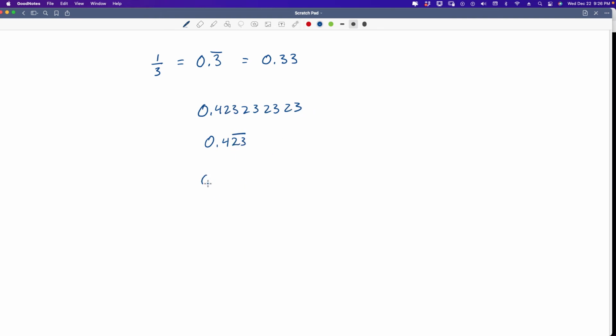If you were to have a number that said 0.31879 31879, you would write that as 0.31879, and all of that would have a line over it because the whole thing repeats over and over again. Okay, so that is how that works. Whatever numbers keep repeating in this decimal pattern, that is what you draw a line over the top of, and that's how it works.